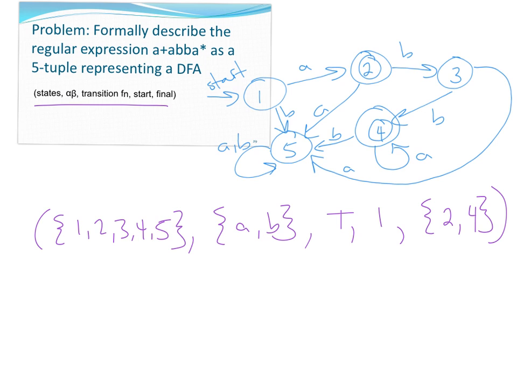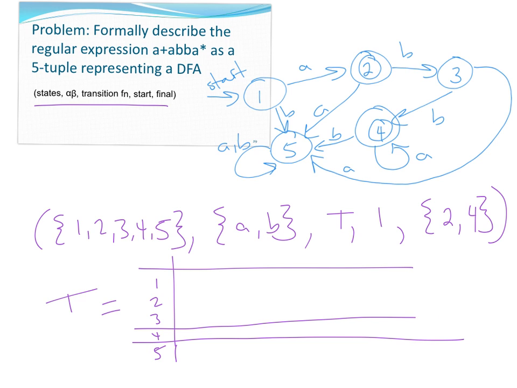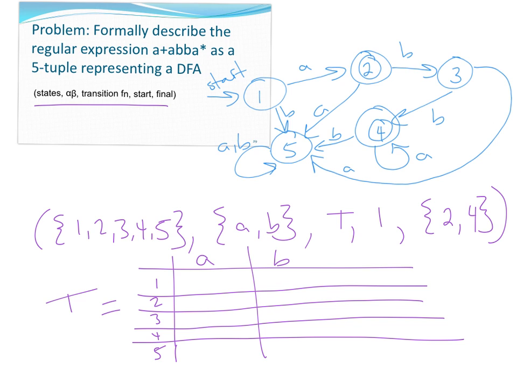But we are not done until we show our transition function. States 1, 2, 3, 4, 5, running out of space. And our alphabet is A, B. So if we are at 1 and we see an A, we go to 2.